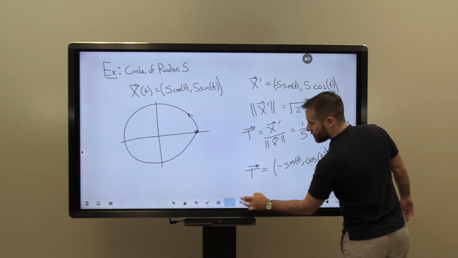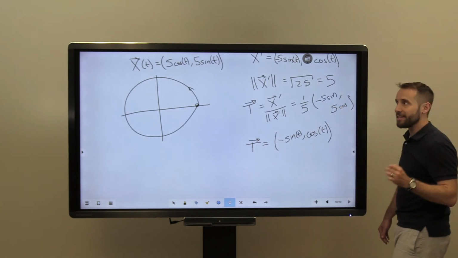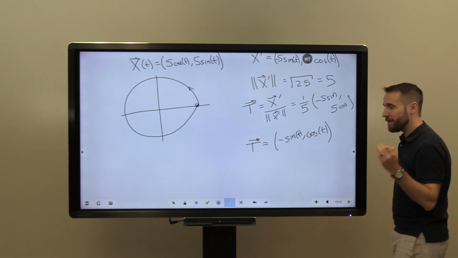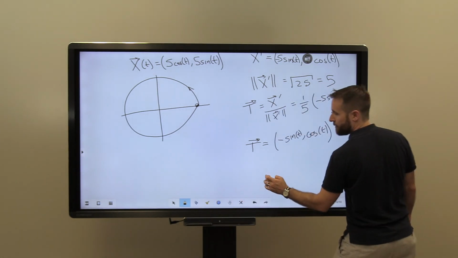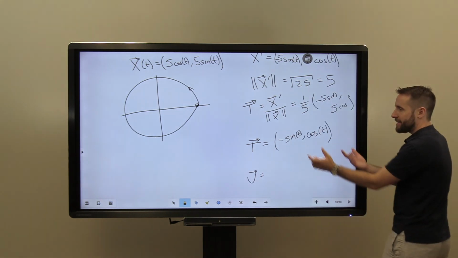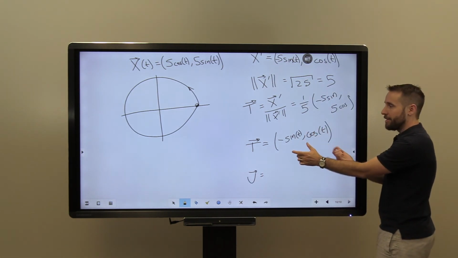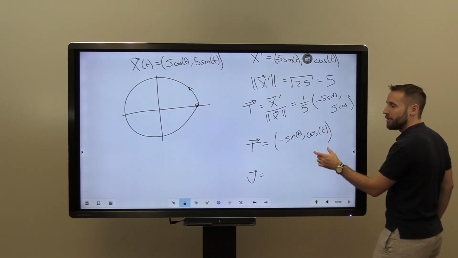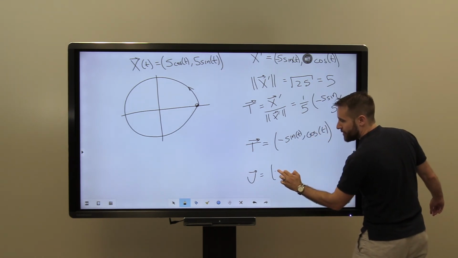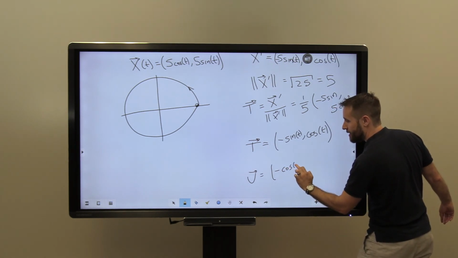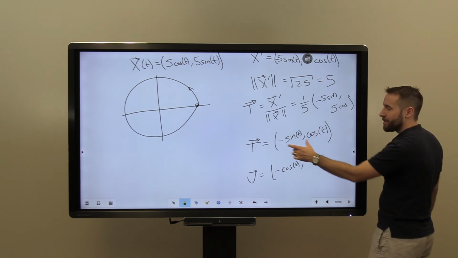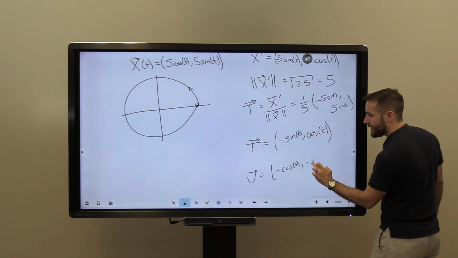Now, if that is our unit tangent vector, then our unit normal vector will be as follows. From what we said before, our unit normal vector can be computed from our expressions for T, our t1 comma t2. Now our unit normal vector should just become negative t2, so that's negative cosine of t, comma, and then just t1, this first component, which was negative sine of t.